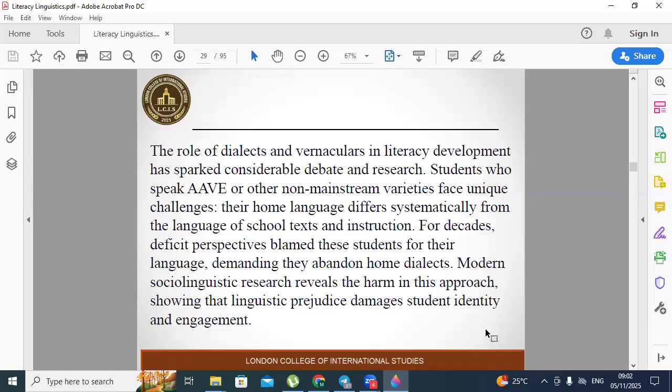When students feel their home language is valued, they engage more deeply in literacy learning. They're more willing to take on the challenge of learning academic English because it's framed as adding to their linguistic repertoire, not erasing their identity.